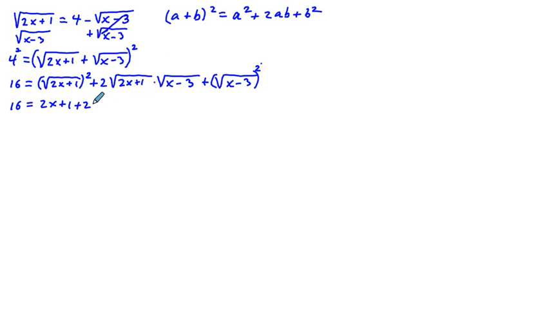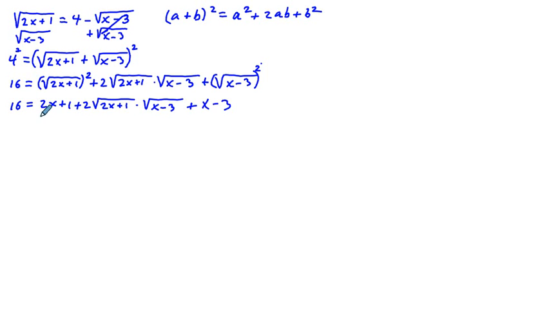We just bring down this 2 times quantity 2x plus 1 times quantity x minus 3, and squaring here on the last term, what we have is plus x minus 3. So really that's what we have here.